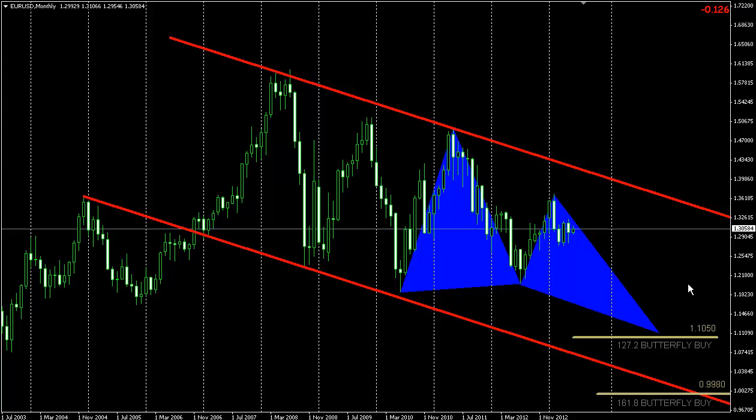This will be a huge consequence for the euro currency if this butterfly reaches this zone right at the 1618 extension of this butterfly buy and right at the bottom of this downward channel. It will also be a strong structure of reversal.